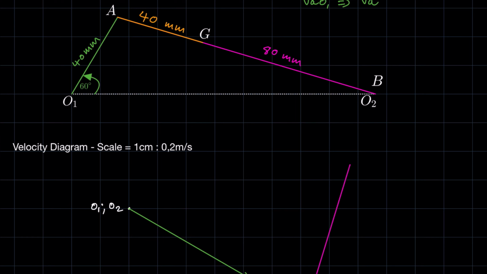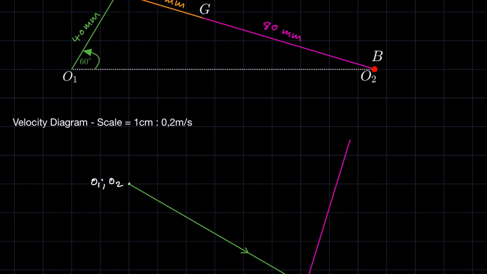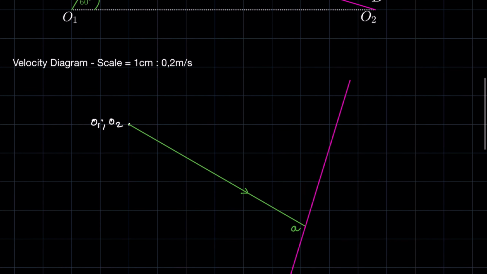Meaning that at point B, you have two velocities, the tangential velocity of AB as well as the absolute velocity of B, which is the velocity of the slider. So you can bear that in mind, that you have two velocities here, and both velocities have to pass through B.